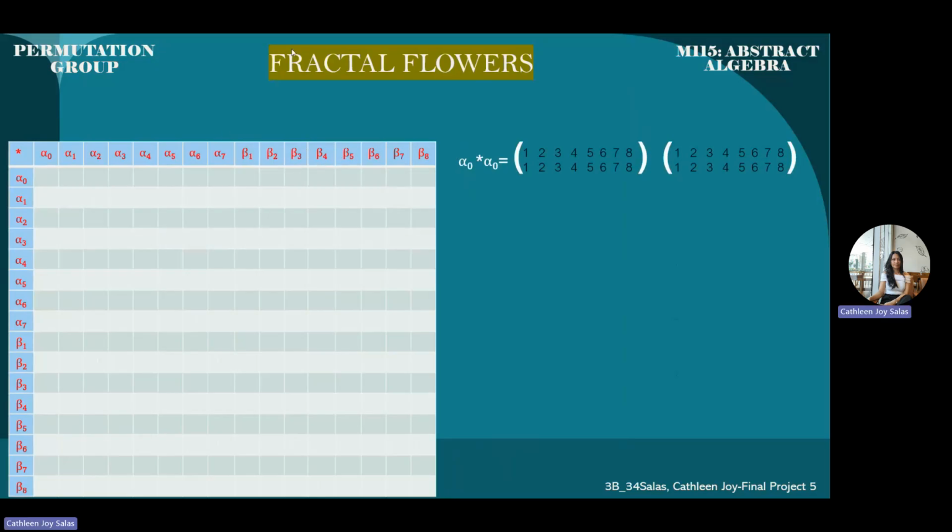So we have here the alpha sub 0 multiplied by alpha sub 0. So for us to be able to perform the multiplication, let us consider the second permutation. And this number at the top will be our reference elements.